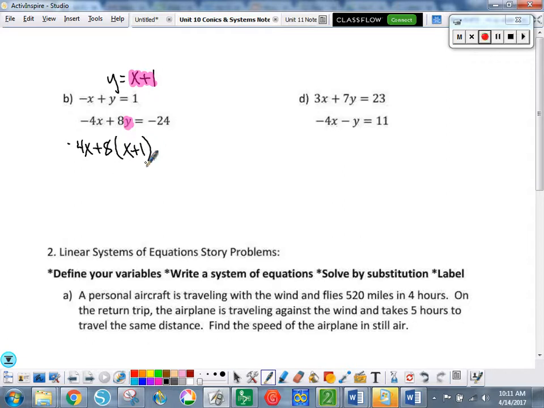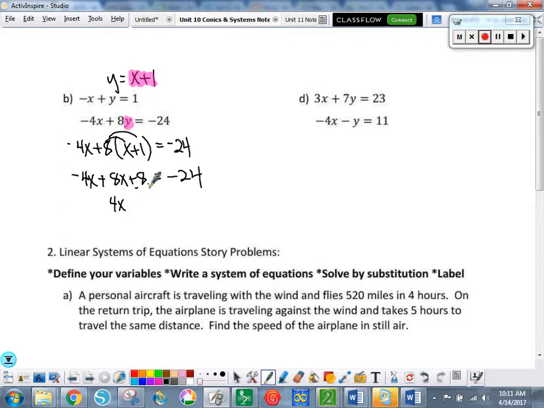We are substituting. It's a little bit of a harder substitution than when I was just making those up at the very beginning, but it's still substituting. Then you distribute. Plus 8x plus 8 equals a negative 24. So then combine those two, you get 4x plus 8.